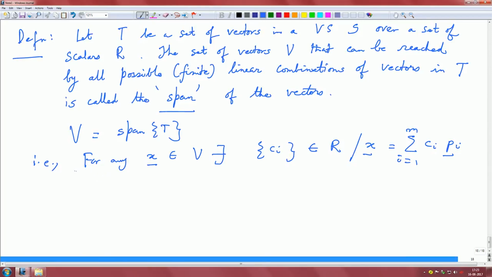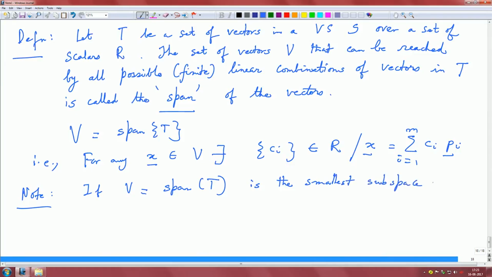Now, we have a small note here. If V equals span of T, so this is basically the smallest subspace of S containing T. Okay.